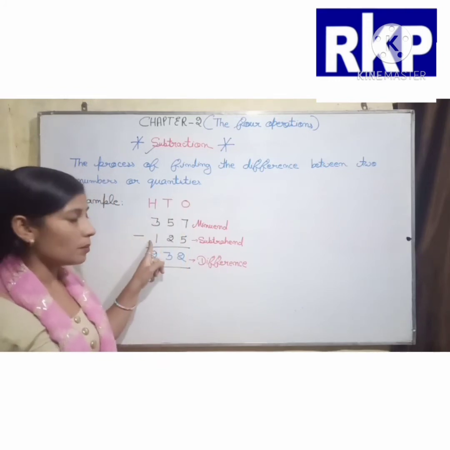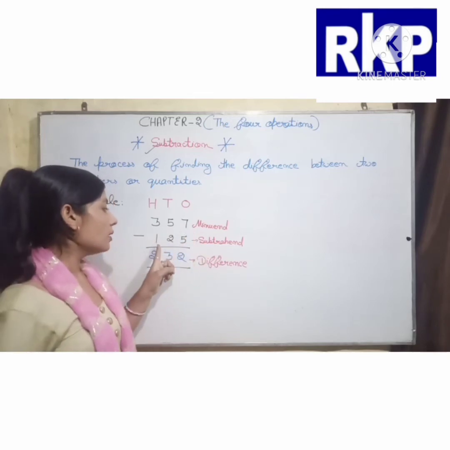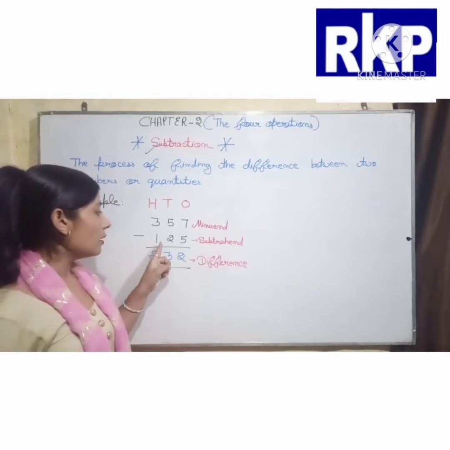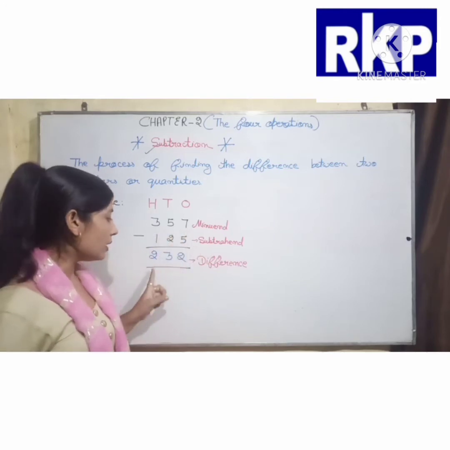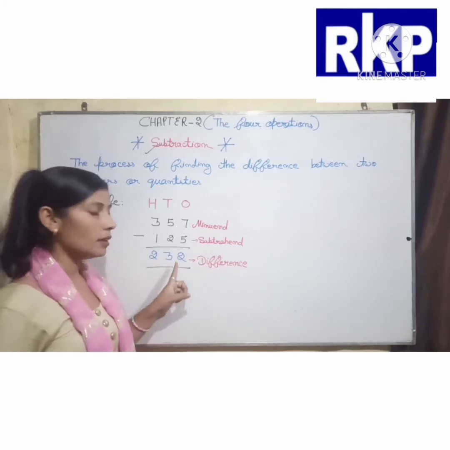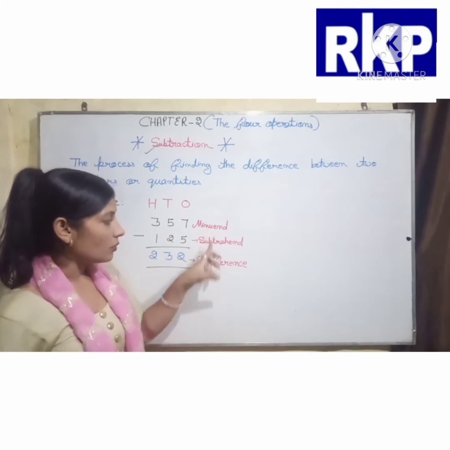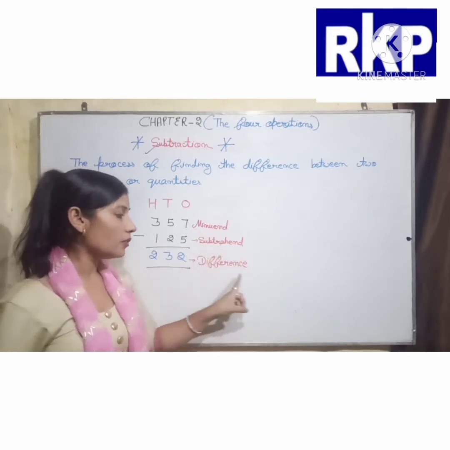Here we have two numbers, 357 and 125. And when we subtract 125 from 357, then we get 232.